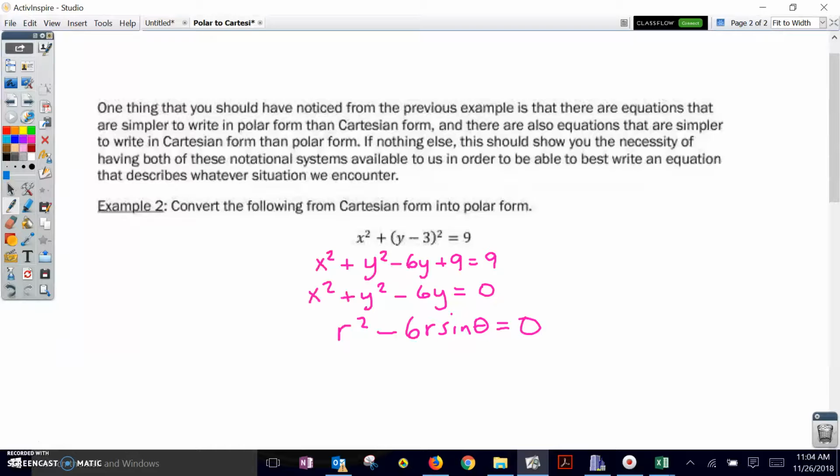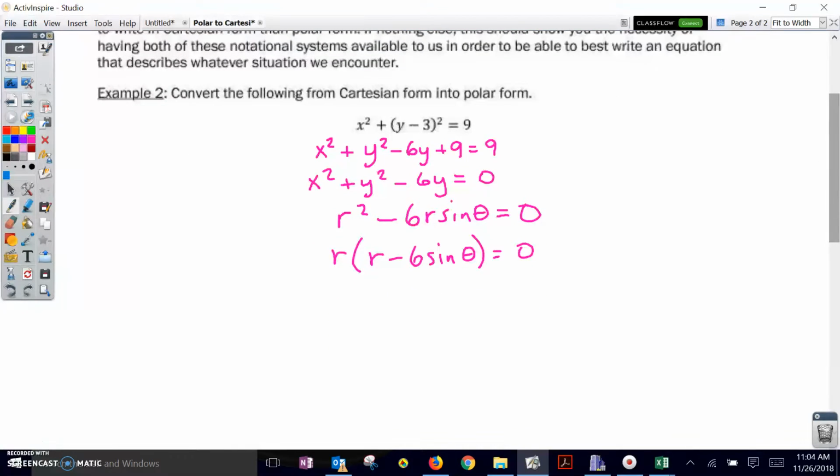But we can come up with an even better equation for this. If we factor an r out, we've got r times the quantity r minus 6 sine of theta equals 0. From the zero product property, one of these two things has to be equal to 0, either r equals 0 or r minus 6 sine of theta equals 0.